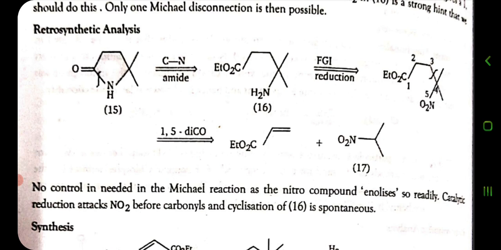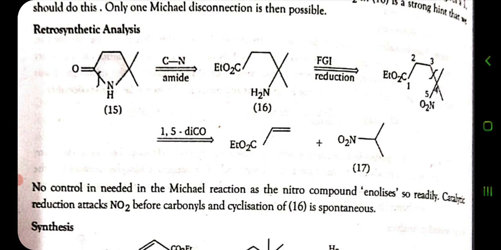In the retrosynthetic analysis, no control is needed in the Michael reaction, as the nitro compound enolizes so readily, and catalytic reduction attacks nitro before carbonyls, and cyclization of our compound 16 is spontaneous.